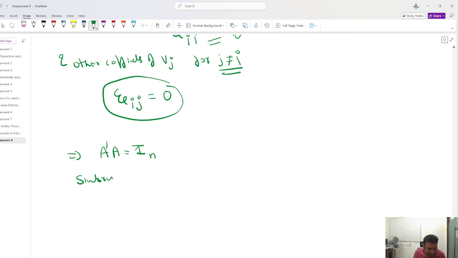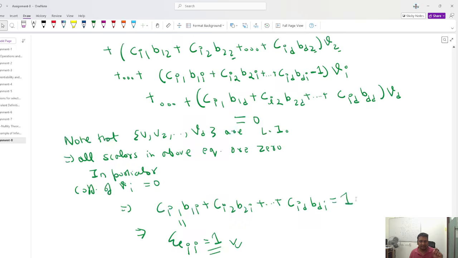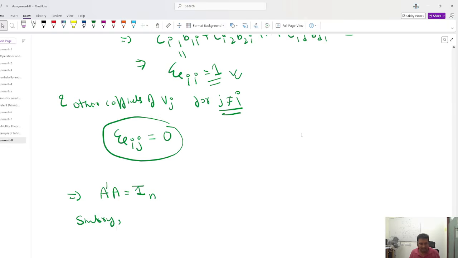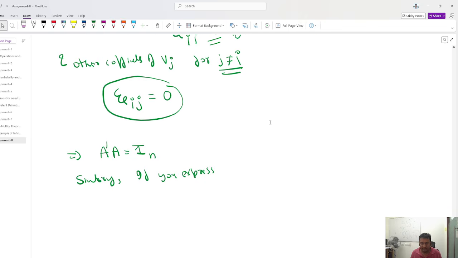Similarly, what we have done, we have expressed everything in terms of VIs, right? Similarly, if you express everything in terms of VJs, similarly using the linear independence, what you will get is A prime A is identity n.